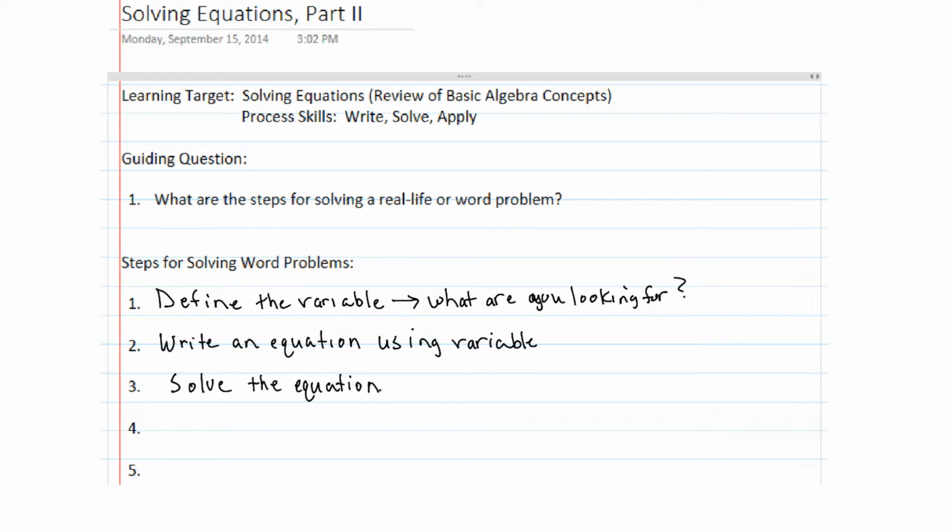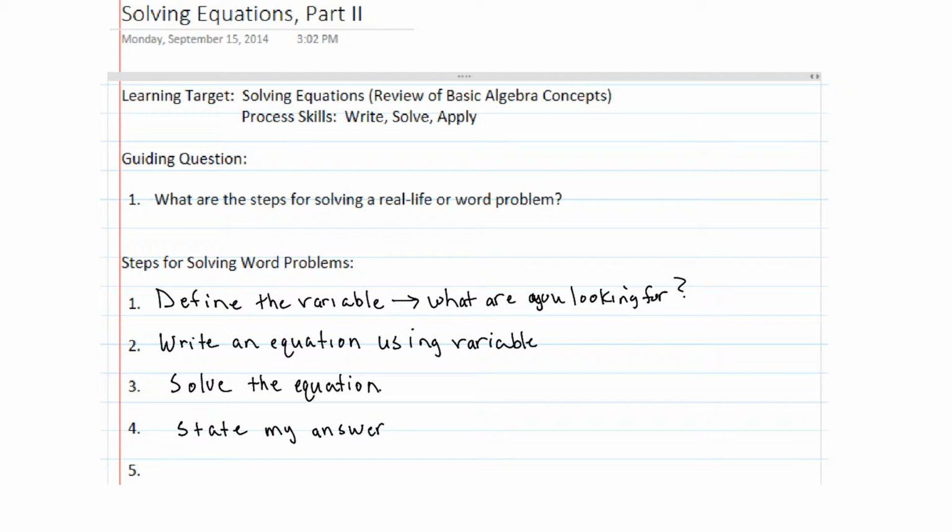Fourth, I will state my answer. Sometimes that answer will be exactly what you solved for. Sometimes you'll have to take the variable that you solved for and do something else with it to come up with the final answer.